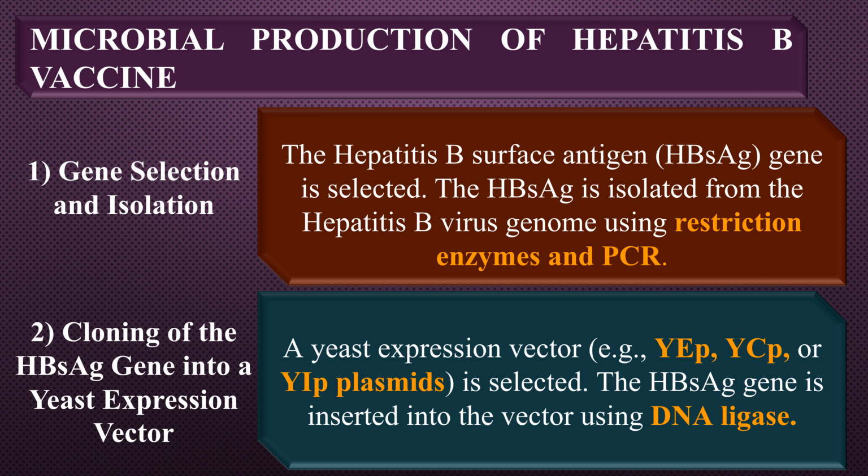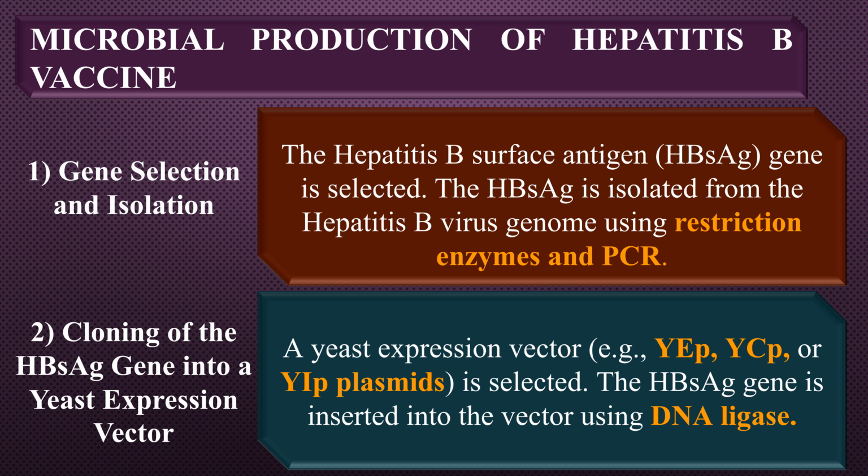Step 2. Cloning of the hepatitis B surface antigen gene into a yeast expression vector. A yeast expression vector, example YEp, YCp or YIp plasmids, is selected. These vectors contain a strong yeast promoter, example GAL1, ADH1 for expression, a yeast compatible replication origin or integration site.